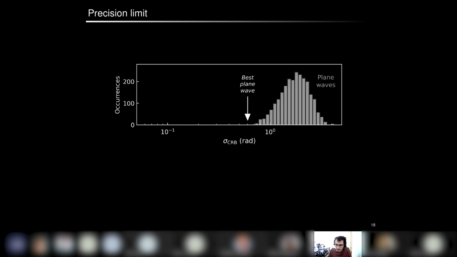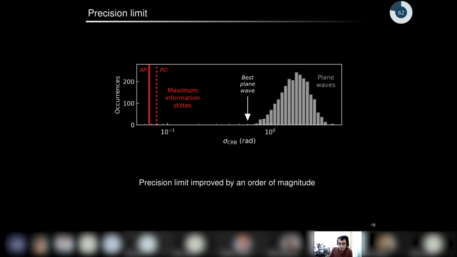And then if you do that, all the incident waves that we use to measure the reflection matrix do not allow any estimation of the phase of the cross. So this is the distribution of the Cramér-Rao bound for all these plane waves, and you see that with the best plane wave that we used, you can have a standard error of 0.7 radians. So it's quite a large error.